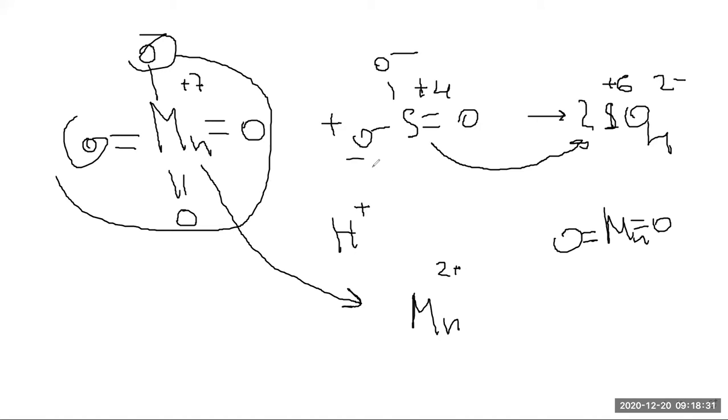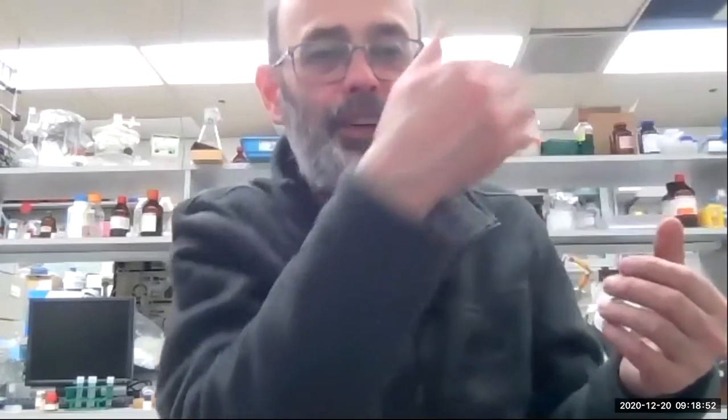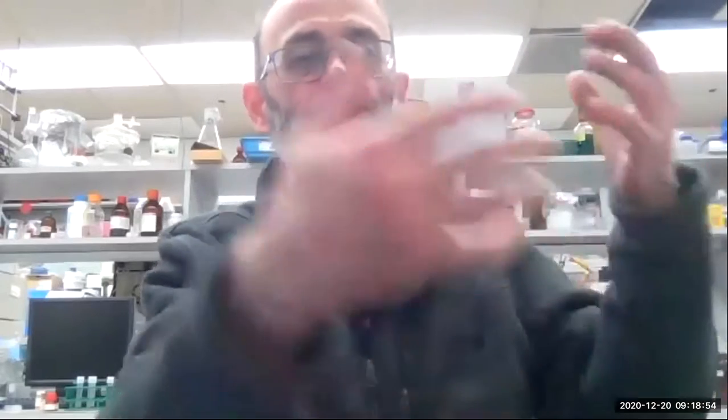Accordingly, this ion is a reducer. You understand it? The oxidizer oxidizes, and during oxidation, it is being reduced. The reducer reduces the oxidizer, and during the reduction, it is being oxidized.